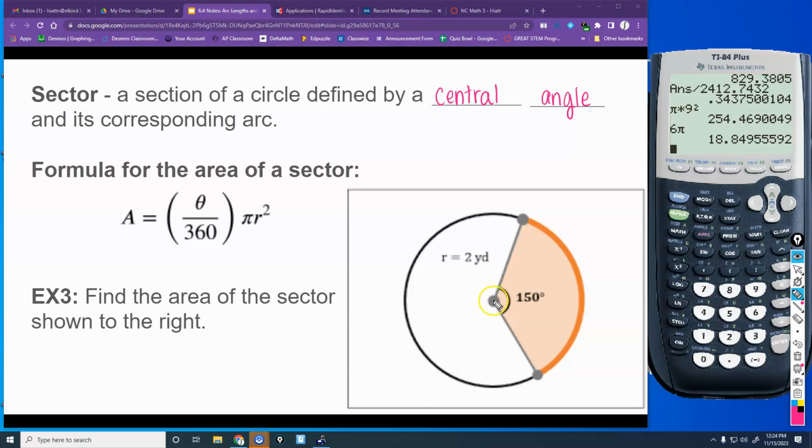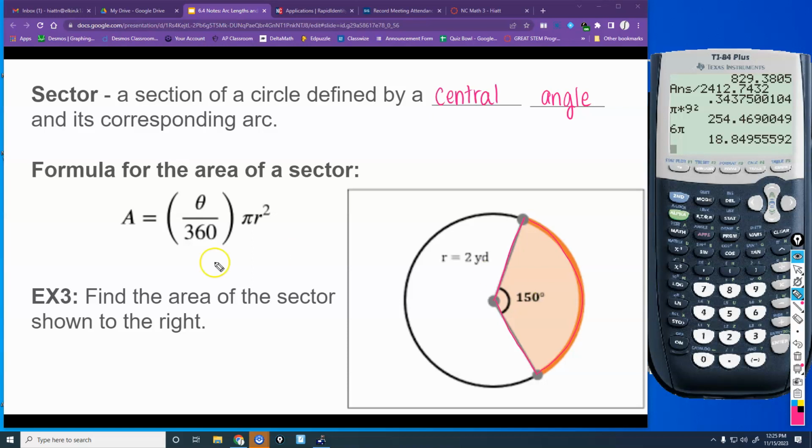So for example here, on this picture, I have this central angle and the arc that goes with it. Those are the boundaries of this area. So we're finding the area basically of a slice of the circle, right? You can think of it as like a slice of pizza. We're finding the area of that slice.